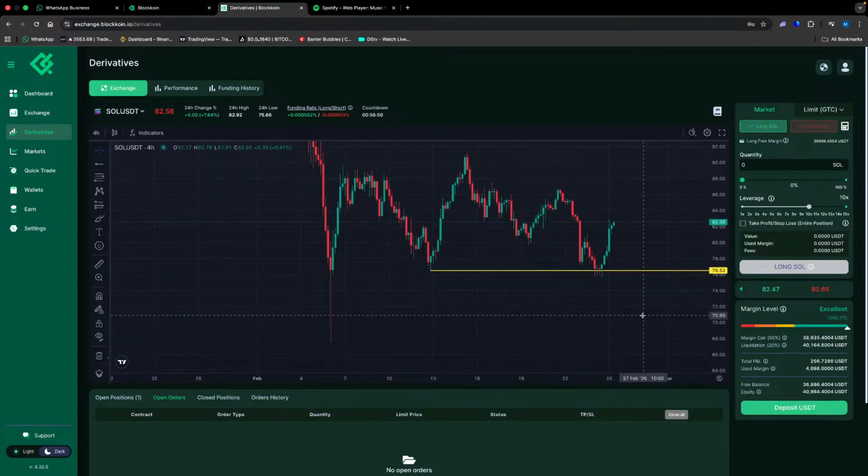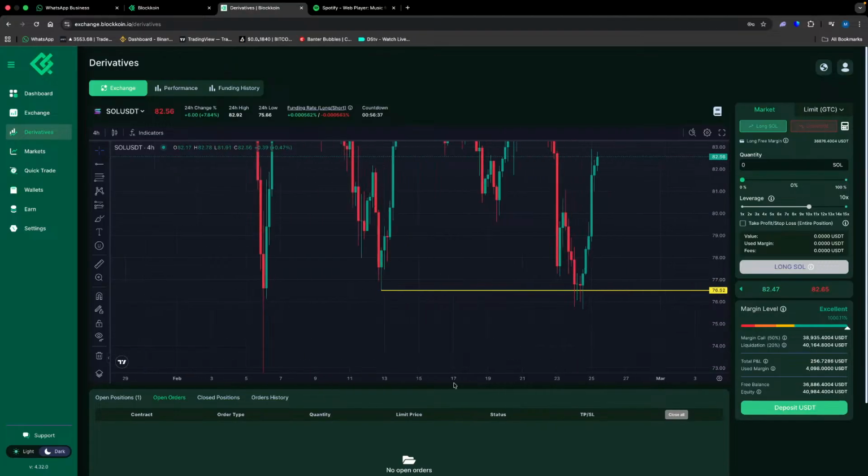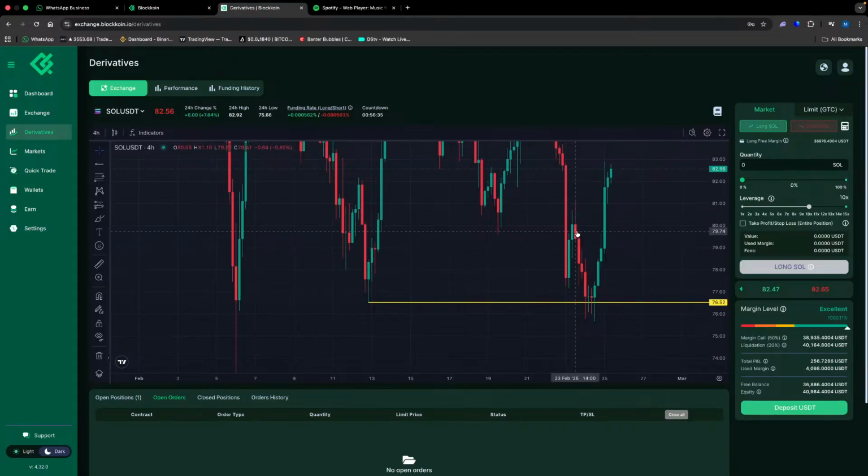A fake out basically happens when price briefly moves beyond a key level but returns quickly back inside that range. So over here you can see I marked out this 4-hour low, otherwise known as 4-hour support, and as you can see, price pushed down past the support level over here, and actually 4 different candles have pushed below it, but all 4 have closed above and it has pushed up higher. This is a textbook fake out.